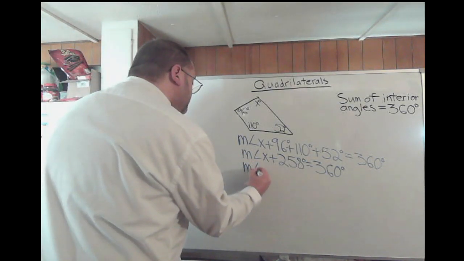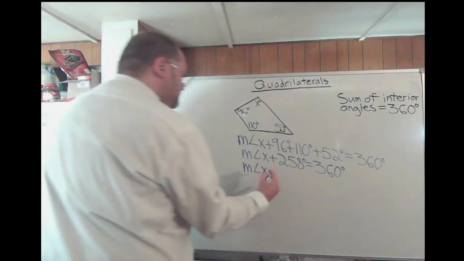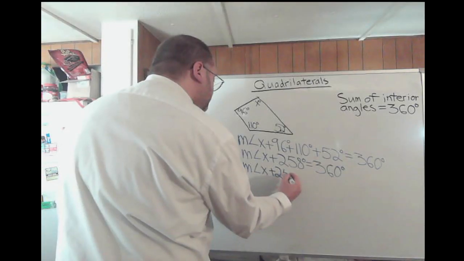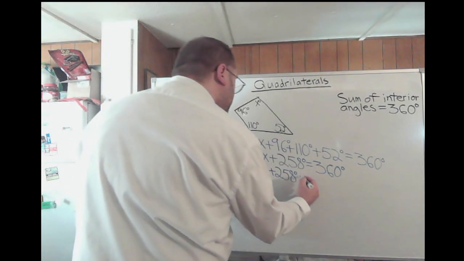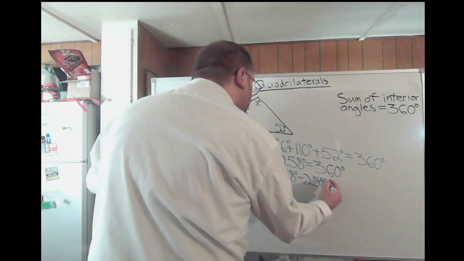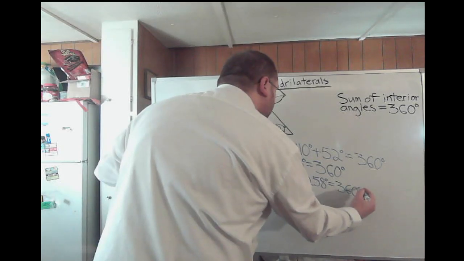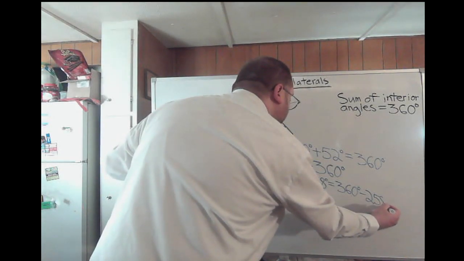You have the measure of angle x plus 258 degrees minus 258 degrees, that'll be equal to 360 degrees minus 258 degrees.